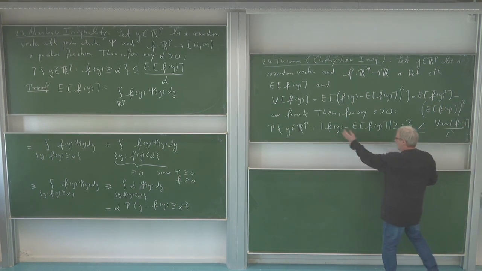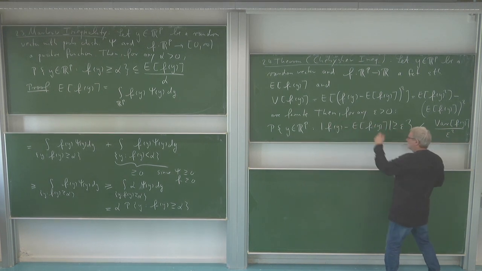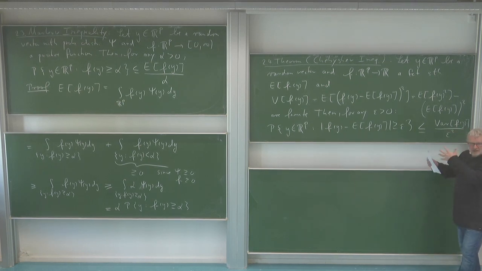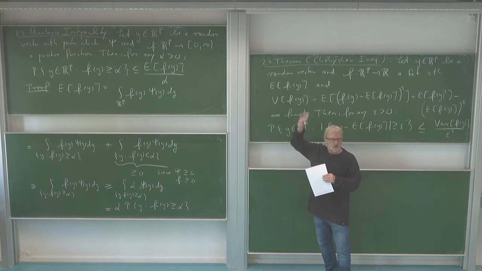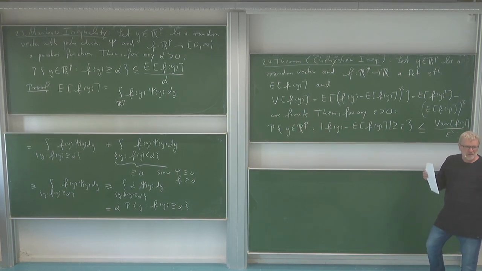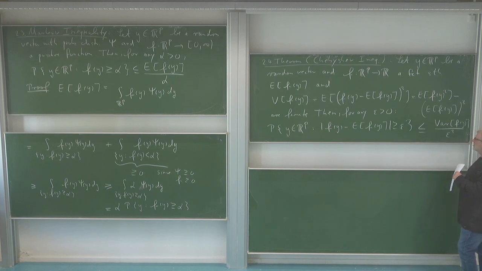We want to compare a typical value of my function with its expected value, and we want to control it. And here we have a very general statement; this doesn't use any independence between the components of y or anything. It's just telling us the very general principle that the variance controls how much your distribution is spread out, but in a precise way.